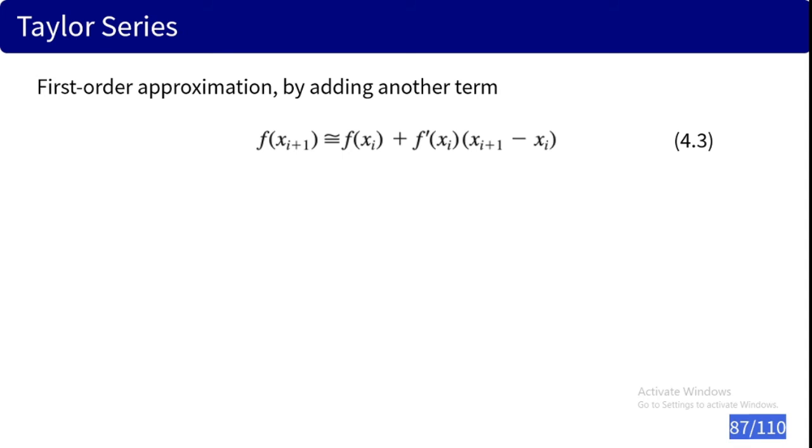Okay, para maka-guide mo kung unsa na to pagkuha kaning mga first, second and higher order approximation sa Taylor series. Okay. So makita na to diri sa equation 4.3 na sa first order approximation is gi-add na sad nato ang another term para maka-approximate sa value.